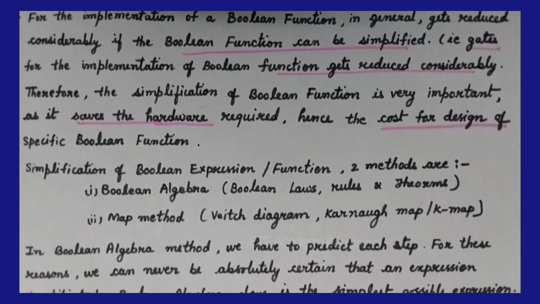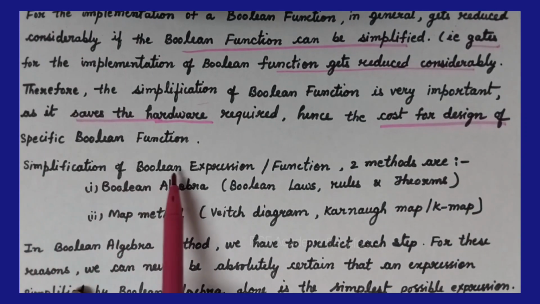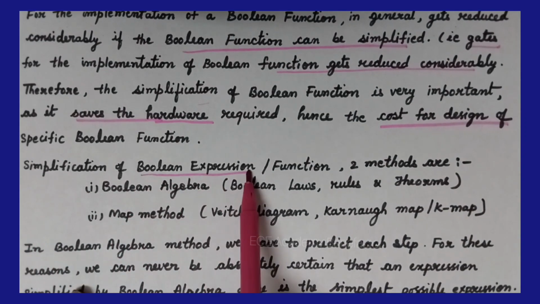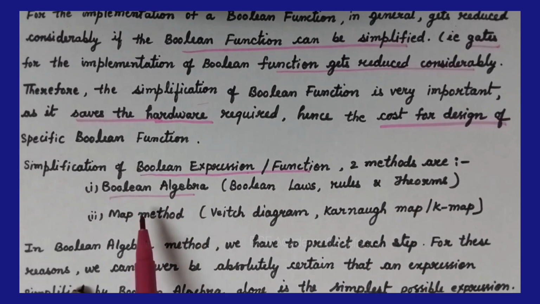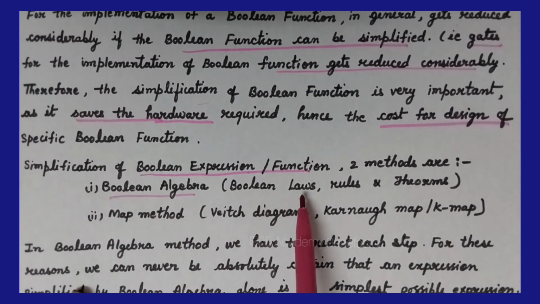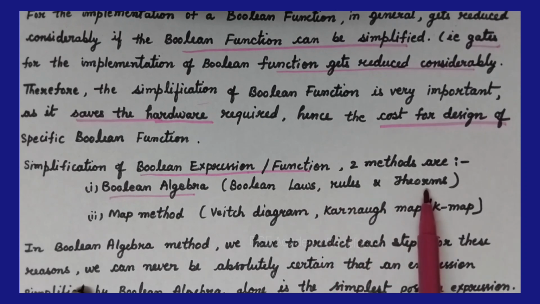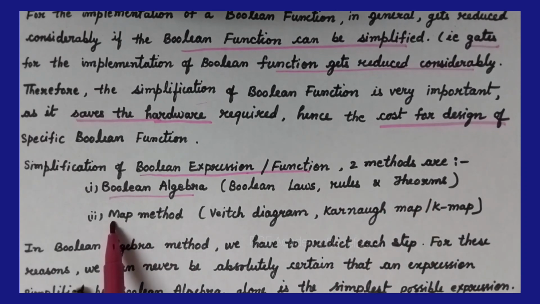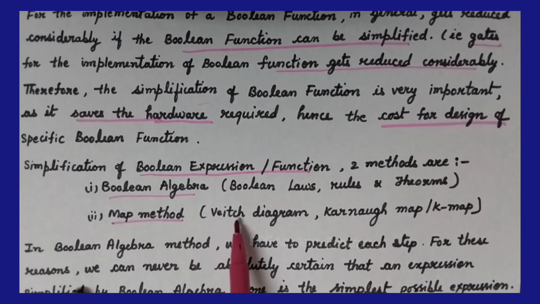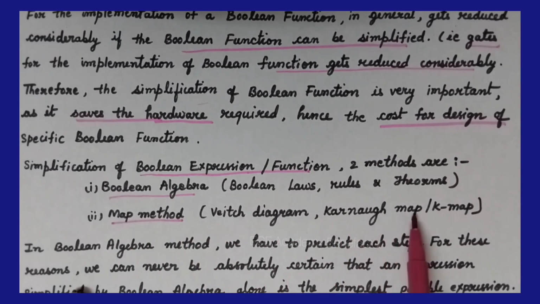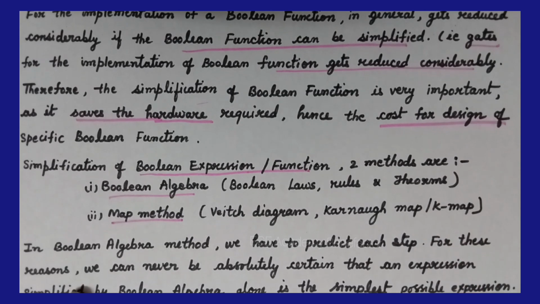So there are two methods for simplifying the Boolean expression or Boolean function. What are the two methods? Boolean algebra, which requires Boolean laws, rules, and theorems. And the other method of simplifying the Boolean function is the map method, which is known as Veitch diagram or Karnaugh map or K map method.